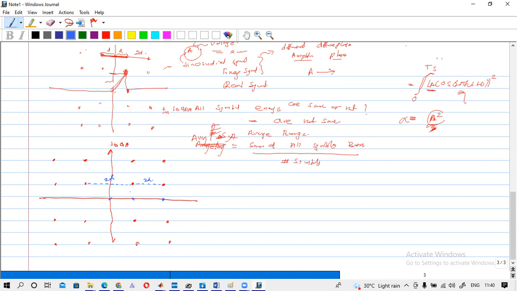Here it is 1d, I get 1, and here it is 3d, I get 3. The ratio is 1d to 3d, so I get only this value 1 to 3. This will be 1, this will be 3. That is for any constellation, any 16-QAM. It will look like this.